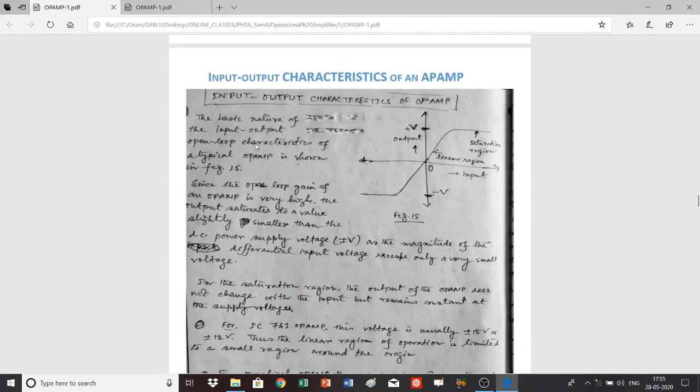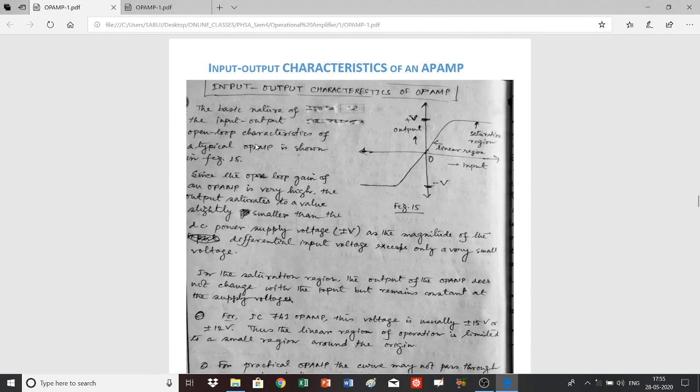Now we will learn about the input-output characteristics of an op amp. This figure demonstrates the input-output open loop characteristics of a typical op amp.